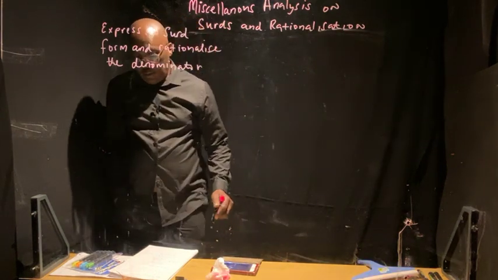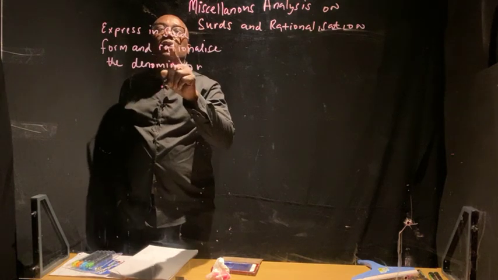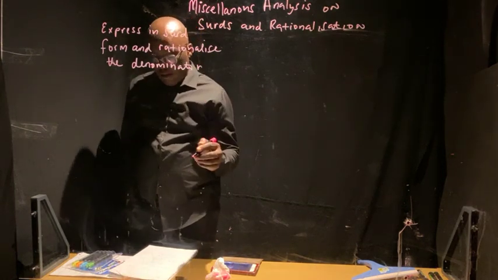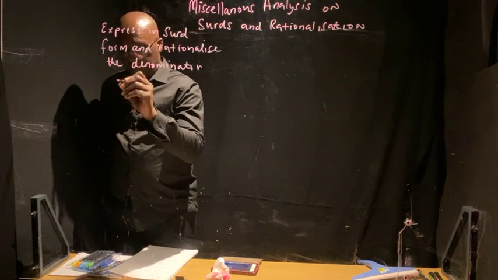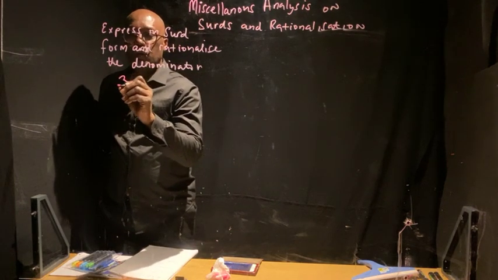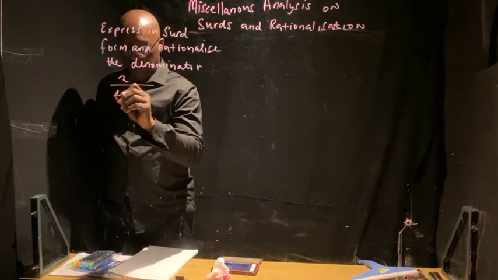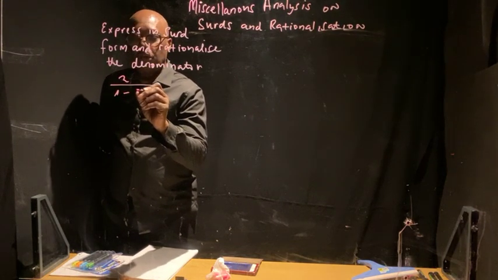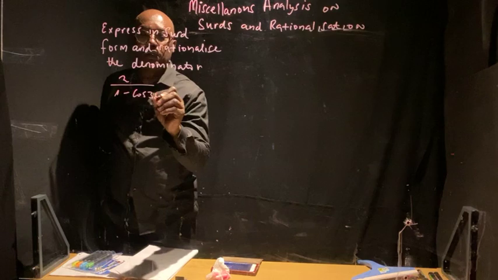And in the next question, it says express in surd form and rationalize the denominator. And the question is giving us 2 over 1 minus cos 30 degrees.